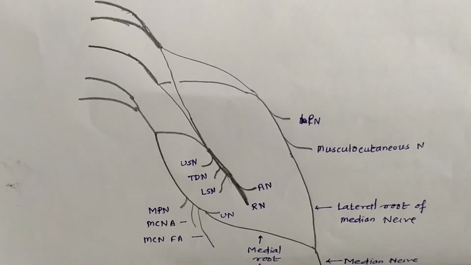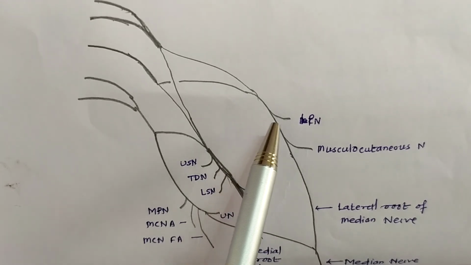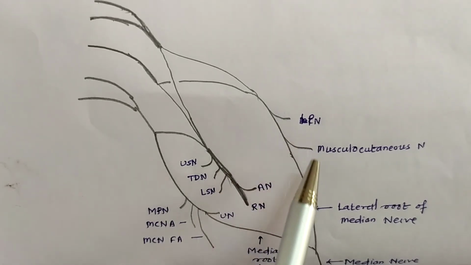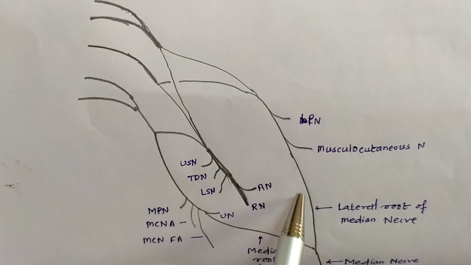The cords give branches. The lateral cord gives three branches: lateral pectoral nerve, musculocutaneous nerve and lateral root of the median nerve. The lateral root of median nerve joins with medial root of median nerve to form the median nerve.